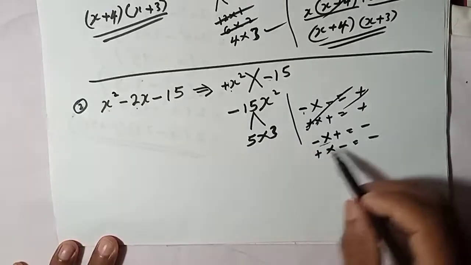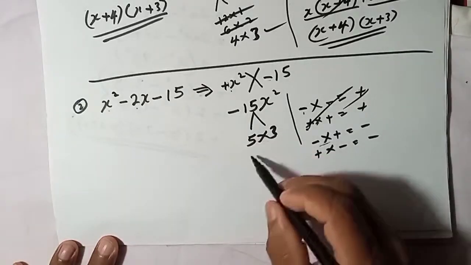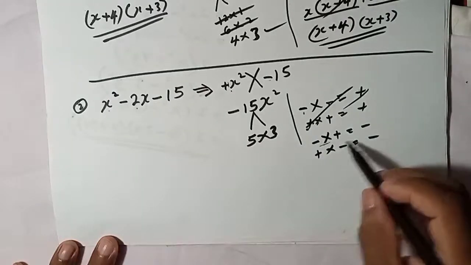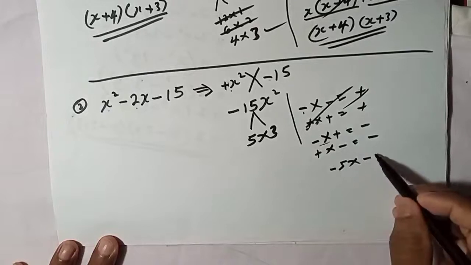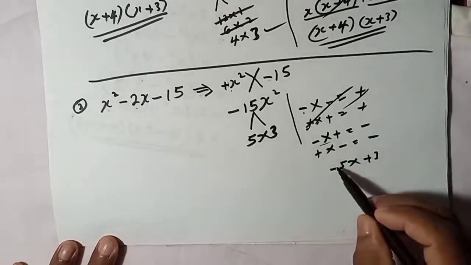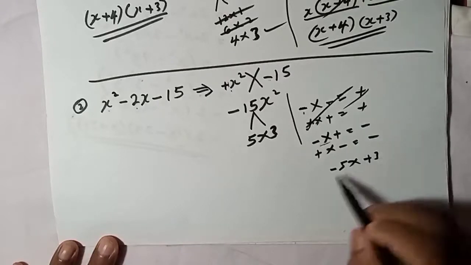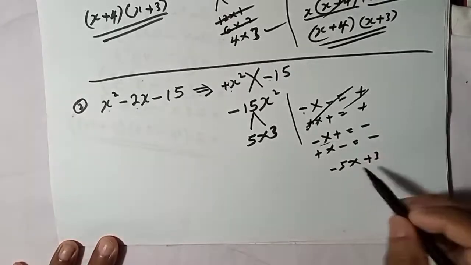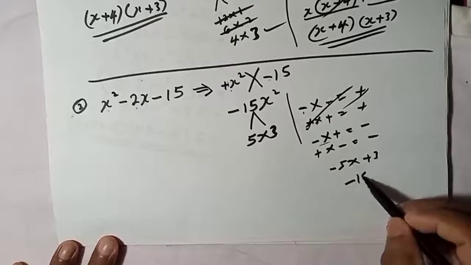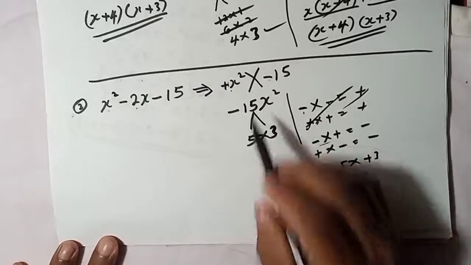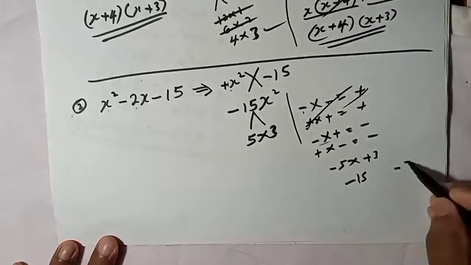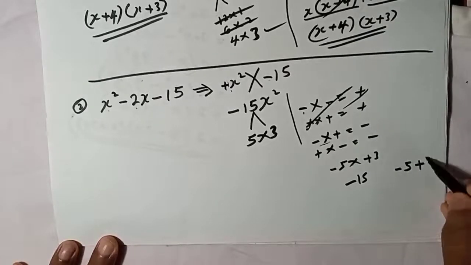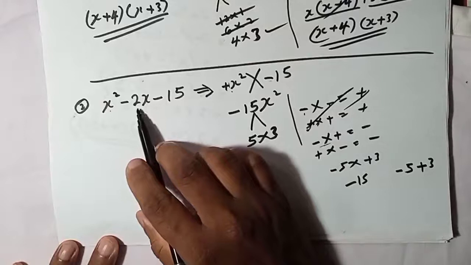So how do we put the signs? Now we can only try these two ways. Think, if you put minus 5 into plus 3, what will happen? Minus 5 into plus 3, minus into plus is minus, because different signs give minus. 5 into 3 is 15, so we can get minus 15. Not only that, if you add these two numbers, that means if you write them without multiplication, you should get this one, minus 2.